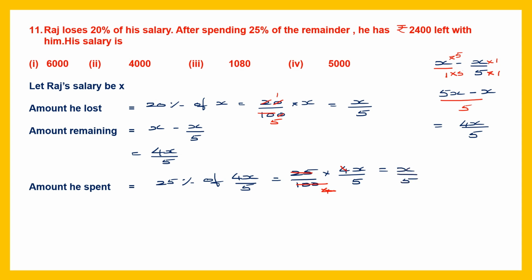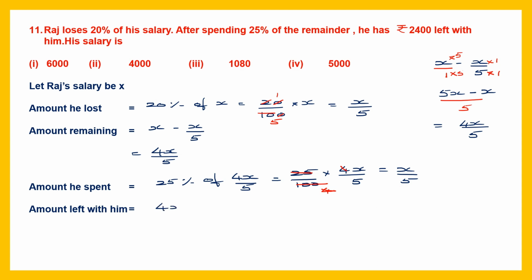Now the question is, what is his salary if he has 2,400 rupees left? So now we know how much he lost and how much he spent. So how much does he have left? The amount left with him will be the amount that is remaining, that is 4x by 5, minus the amount that he spent. So that is the amount left with him.